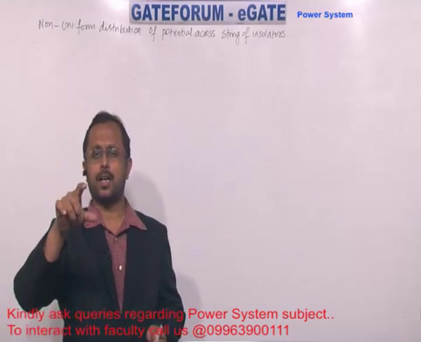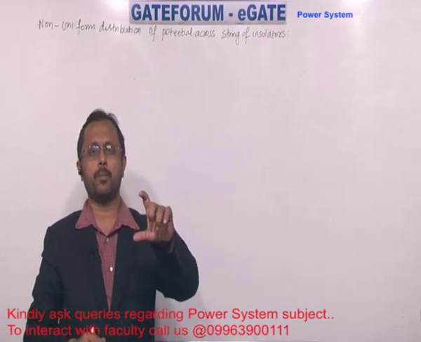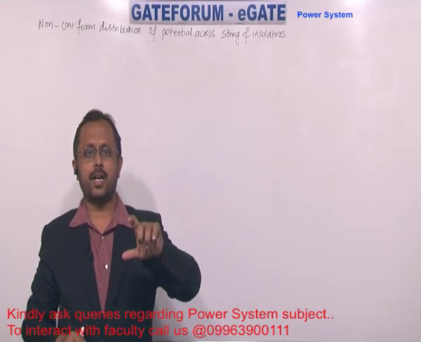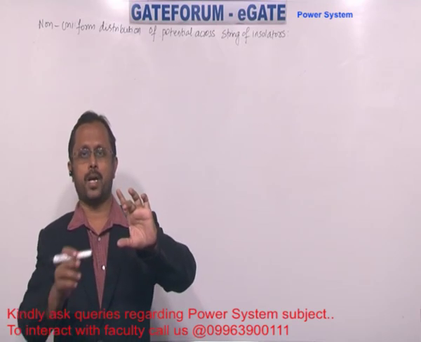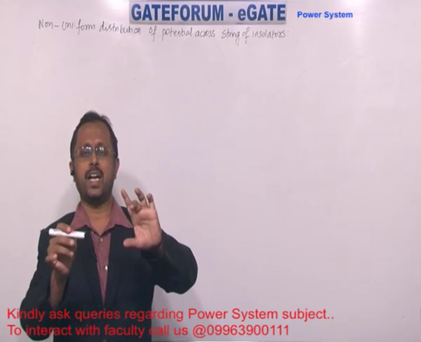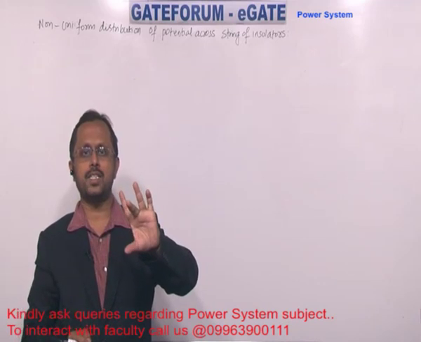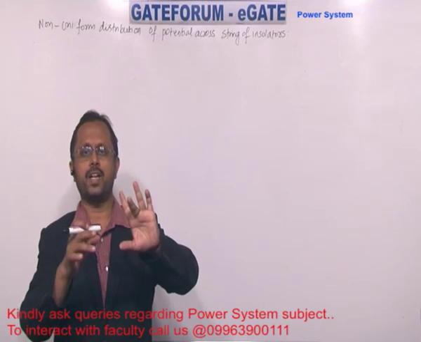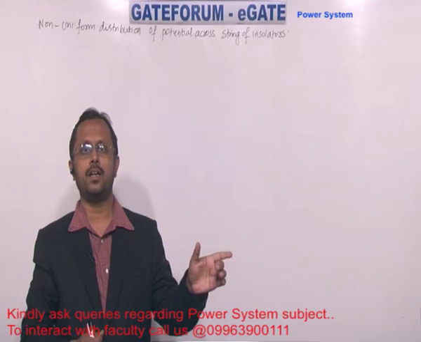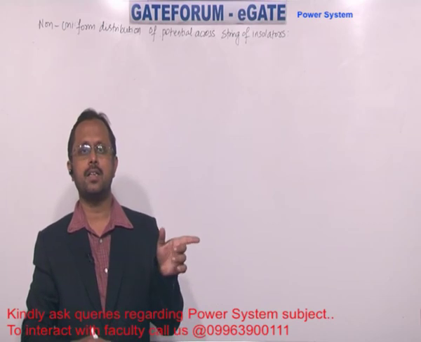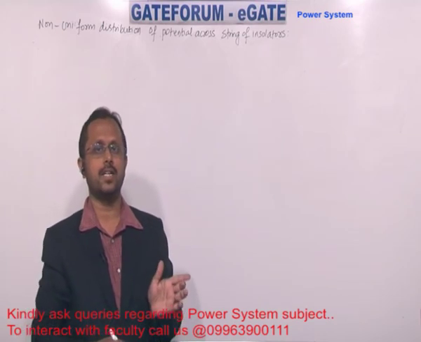How are two insulators connected? By means of a metal part. Again, the second and third insulators are connected by a metal part. So between two metal parts, what do you have? Dielectric. Two conducting surfaces separated by dielectric give us a capacitor. So an insulator is electrically represented using a capacitor.